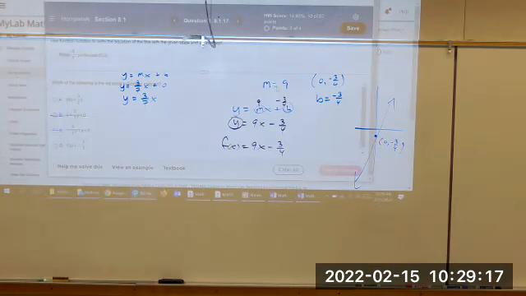Now they tell me the slope is positive 3/7. Well, why would I have a negative 3/7 in the first place? So that's one way to eliminate one choice. The second thing, it's a slope, so that would be your m times x. This one doesn't even have an x.